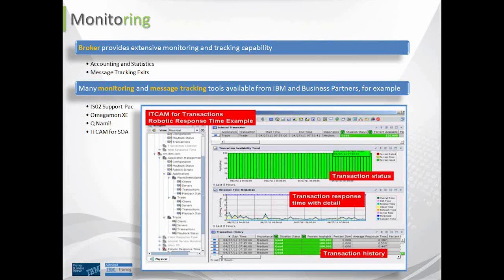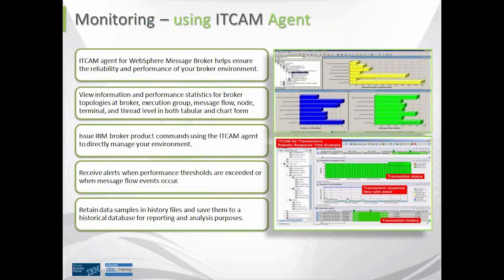Primarily they monitor different kinds of flows and their statuses, like whether the flows are running or not, what kind of performance it's giving, and statistics like how many messages are being processed. All that information can be monitored here on the monitors.